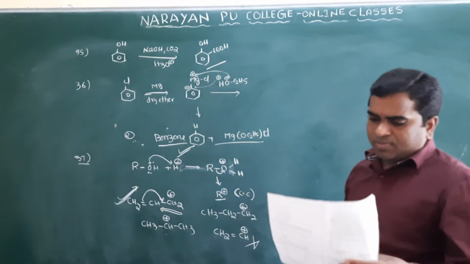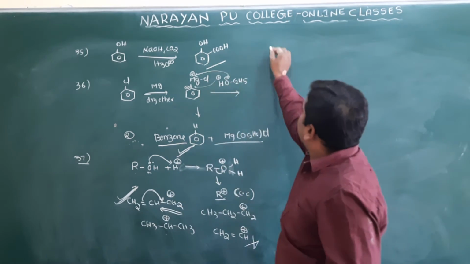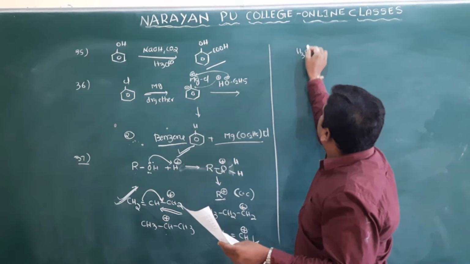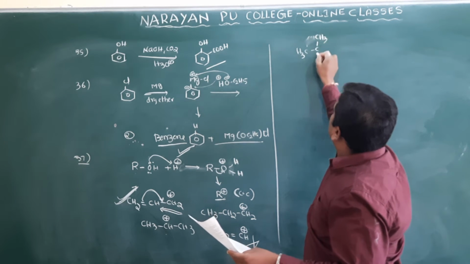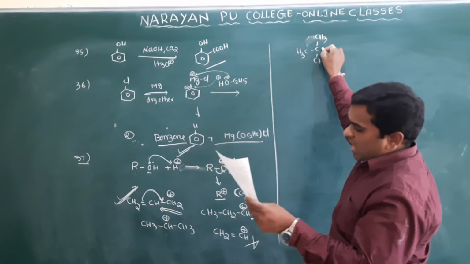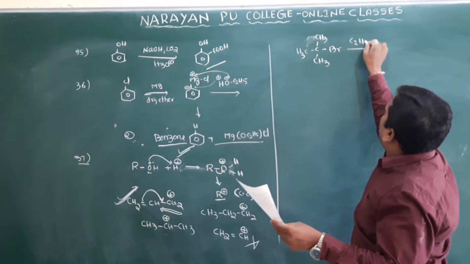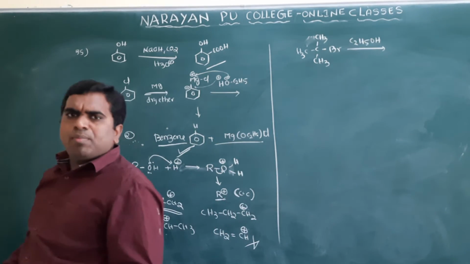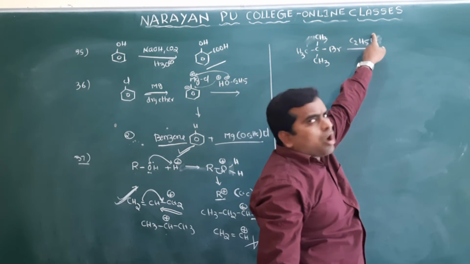Next one, question 38, a direct question. Clear? See now, they have given here CCH3 and here CH3, and they have given bromine and ethyl alcohol. Ethyl alcohol is a weak nucleophile. If there is O minus, it is a strong nucleophile.